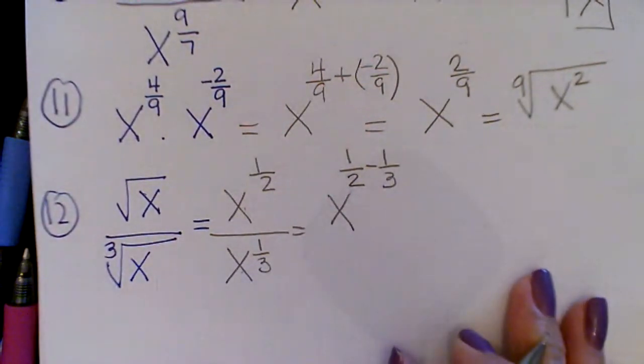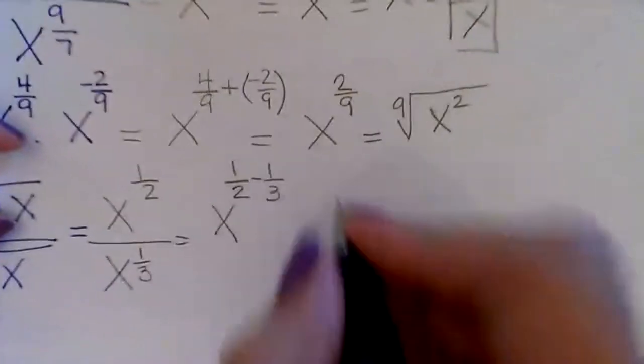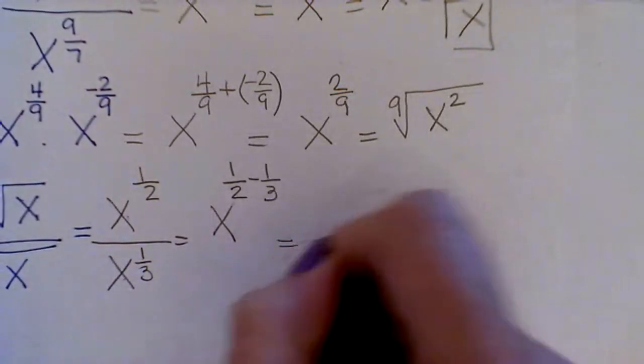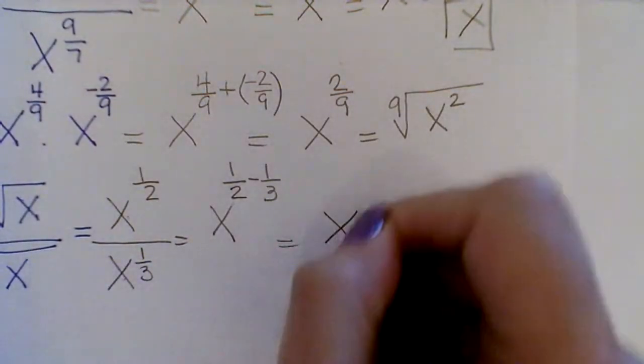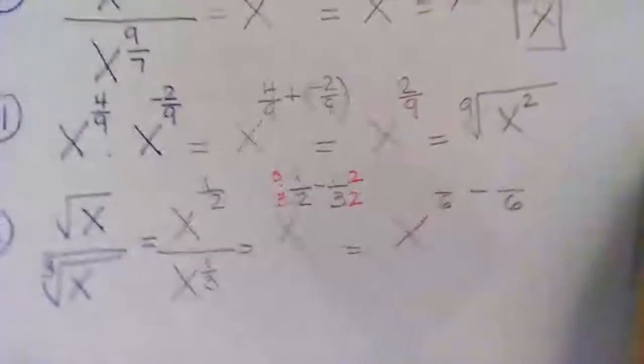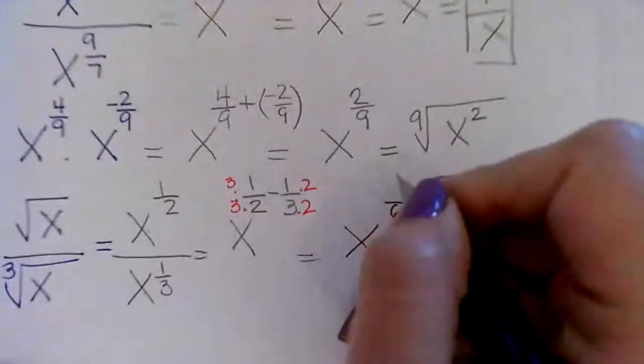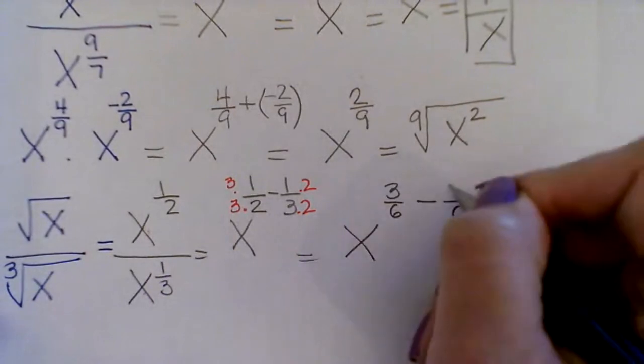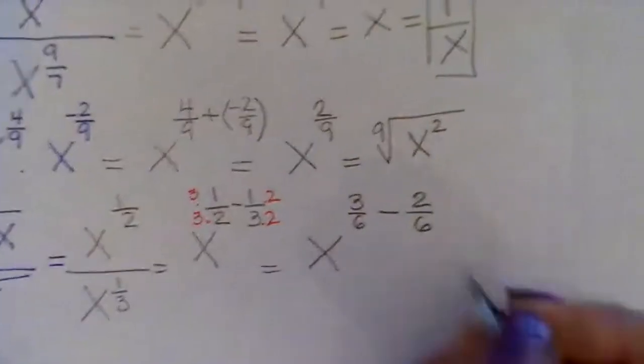In order to have the same denominator, which is going to be 6, I need to multiply this one by 3 and this one by 2. So this is going to be 3 and this is going to be 2.